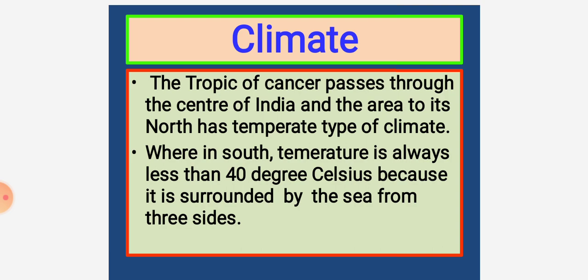Whereas in the south, the temperature is always less than 40 degrees Celsius because it is surrounded by the sea on three sides. We studied the triangular shape of India, surrounded by the Indian Ocean and Bay of Bengal on three sides. So due to this, the temperature is always less than 40 degrees Celsius.